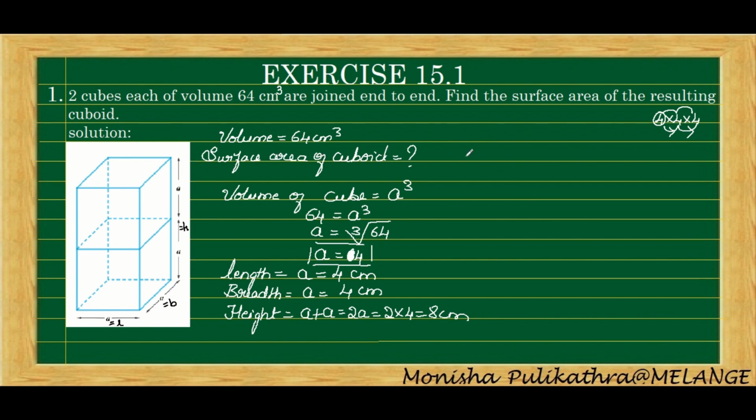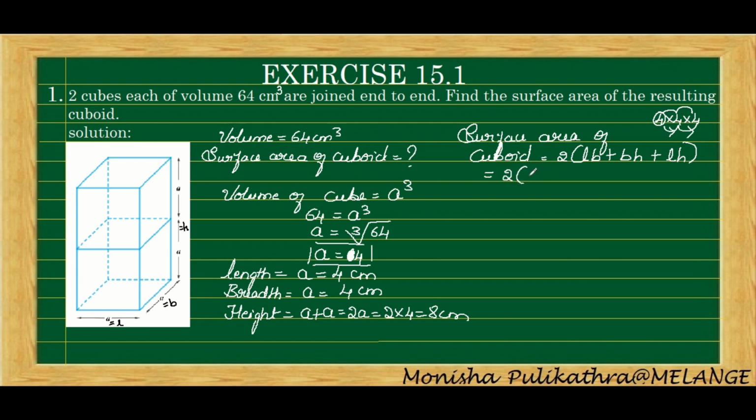Now we need to find the surface area of the cuboid. Surface area of cuboid is equal to 2 into, L into B, means length into breadth, plus breadth into height, plus length into height.